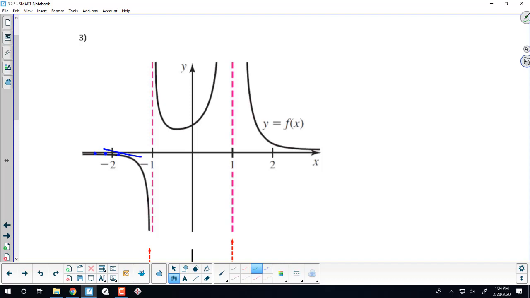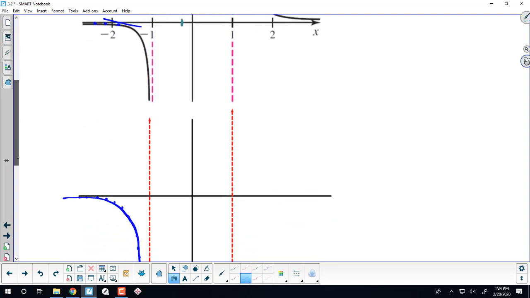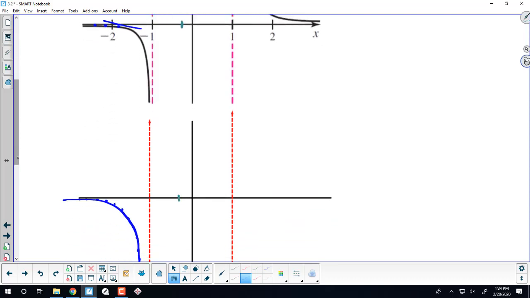So somewhere in here is where the tangent line is horizontal, or the slope is zero. I don't know what the value is, it's just right there. At that x value on the graph of our derivative, we're going to have an intercept, because the tangent line is identical to zero there.